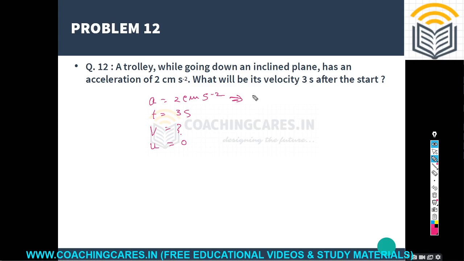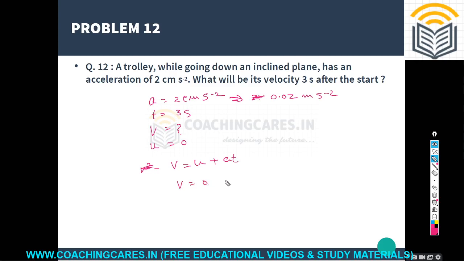So that will be 2, you can say 0.02 meter per second square. So we'll apply the equation of motion v is equal to u plus at.